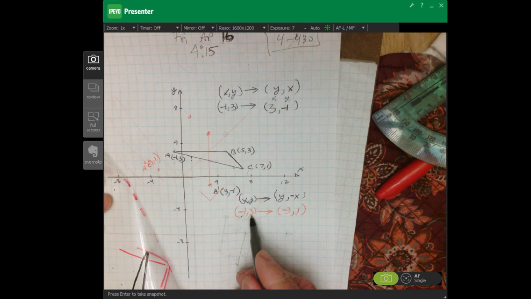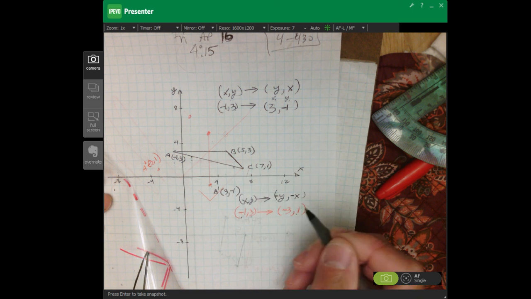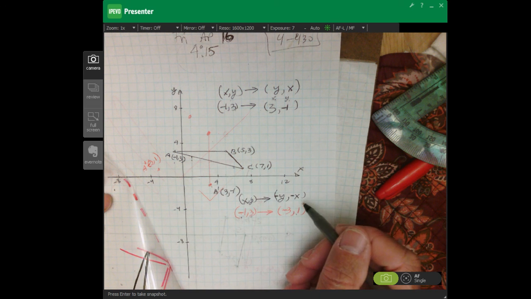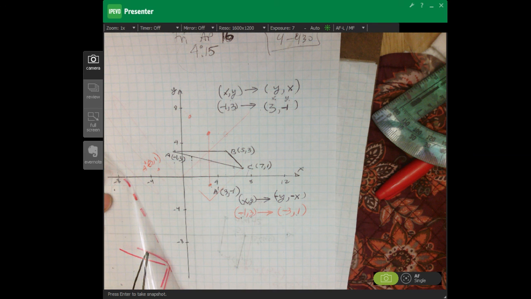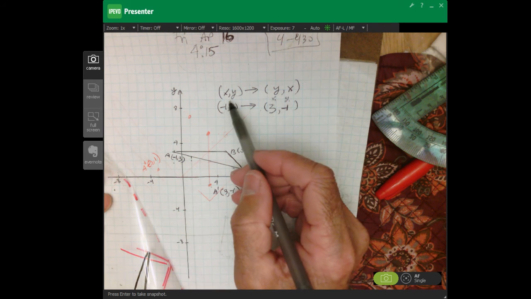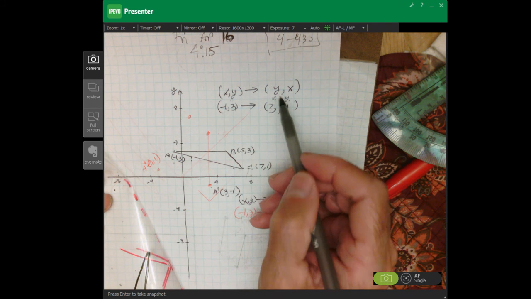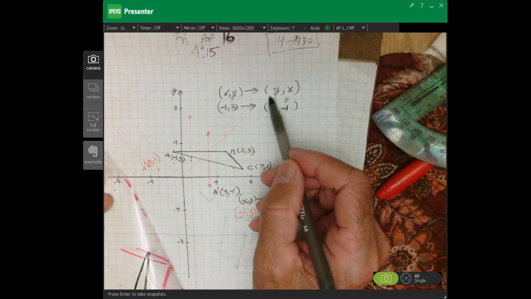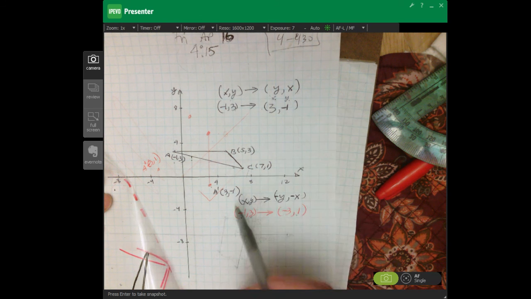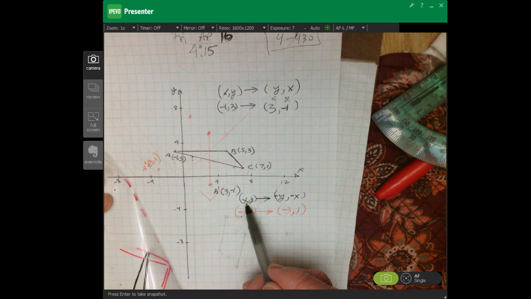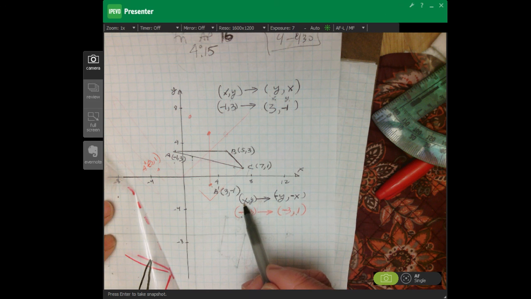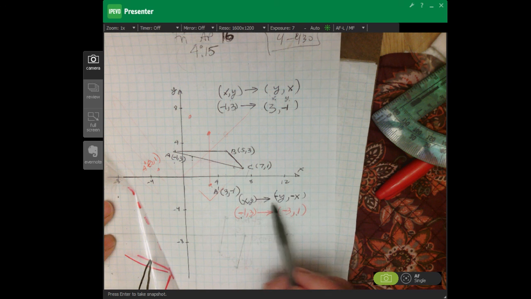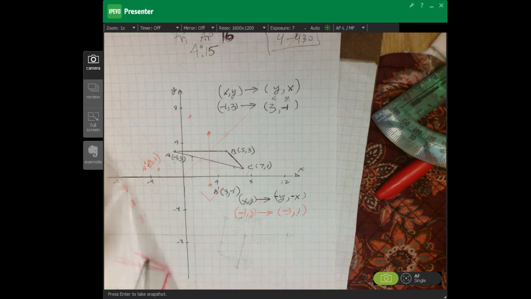So the y started at +3 and went to -3. So this is your rule. The rule for reflecting across the line y equals x is (x, y) to (y, x), and the rule for reflecting across the line y equals -x is (x, y) to (-y, -x).